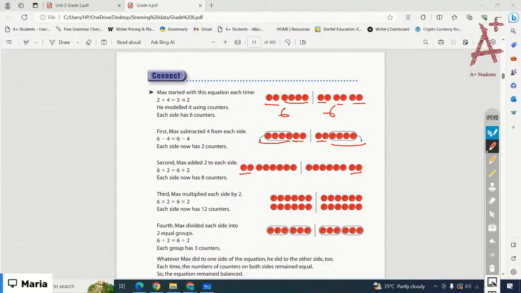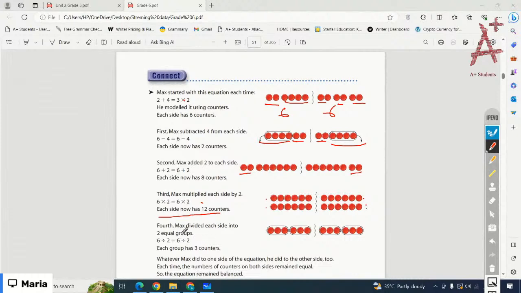You can see after every step, each side has the same number of counters, right? Third, Max multiplied each side by 2. Multiplied means he makes two groups of the counters that have the same counters. So each side has now 12 counters.